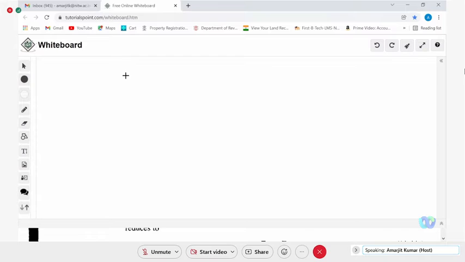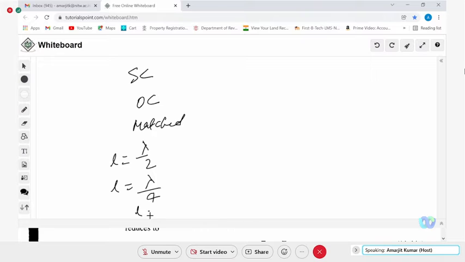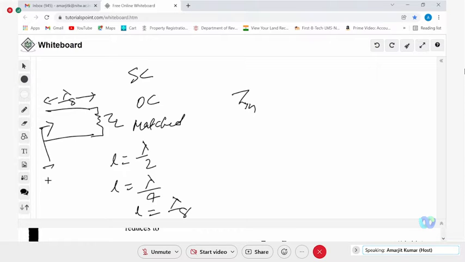So we have seen short circuited case, open circuited case, matched line, lambda by 2 length line, lambda by 4 length line. Now if L is equal to lambda by 8, what will be the input impedance? Here we have connected ZL. So Zin will be equal to, you know the formula for the lossless transmission line.